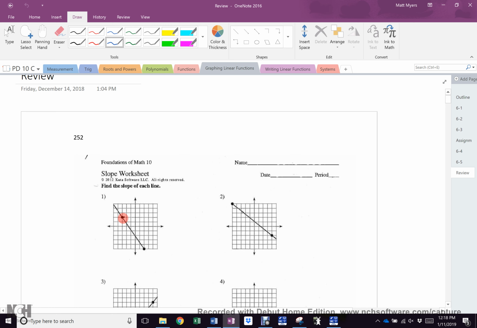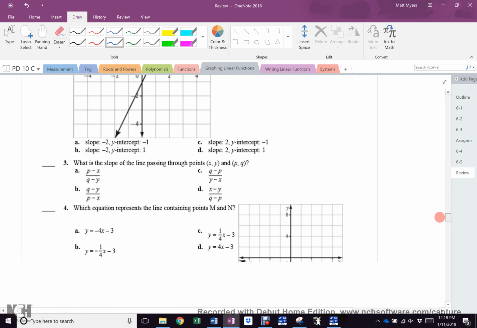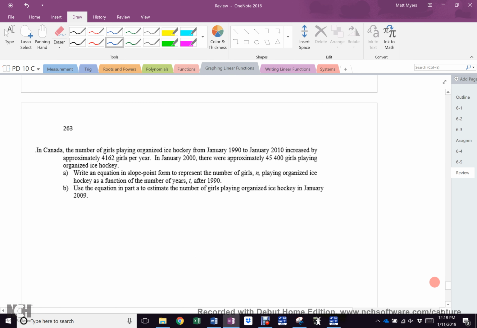I don't know where it starts in your book, guys. It starts on this page. No. This is the first page. It's what page? Just like I said, 252. Preston. It ends on 263.